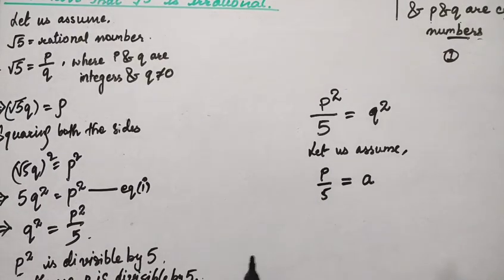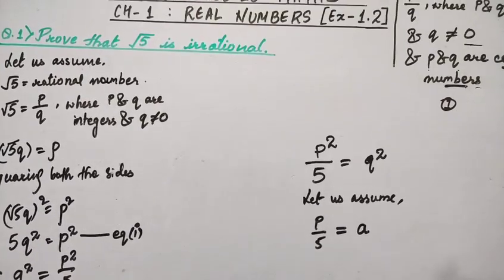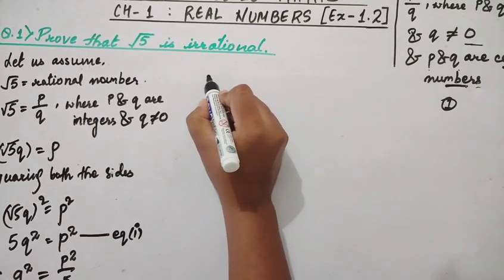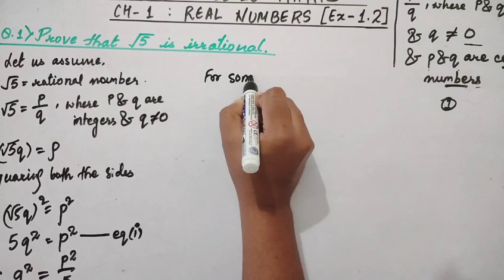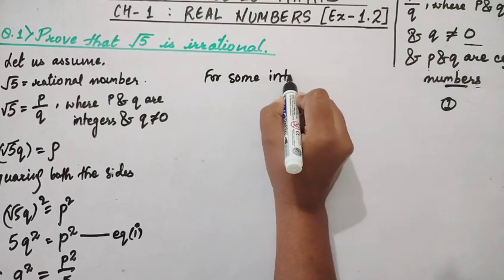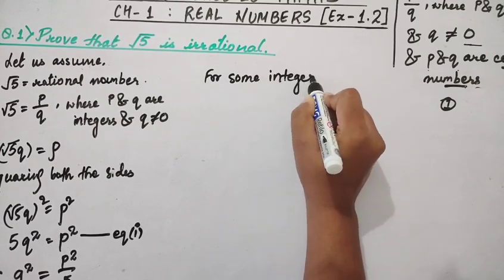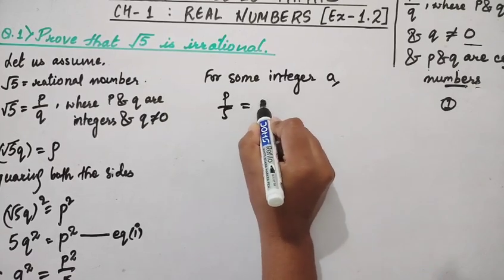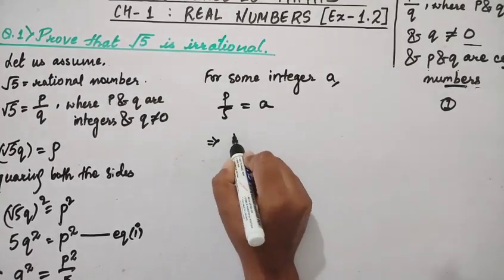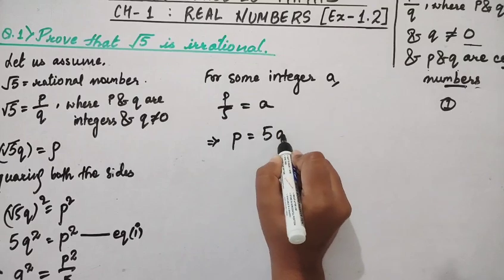This is our assumption that when p is divided by 5, we get a. Now we will move forward with this equation. Let's say for some integer a, p by 5 equals a, or we can write p equals 5a.